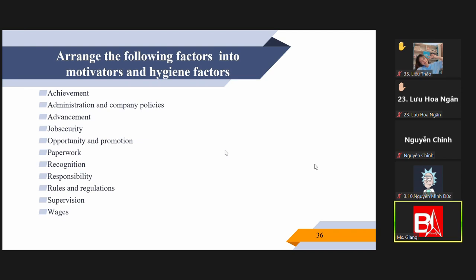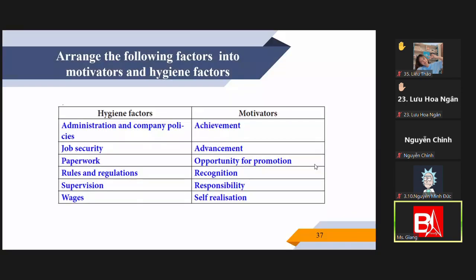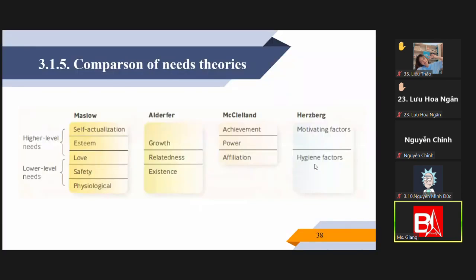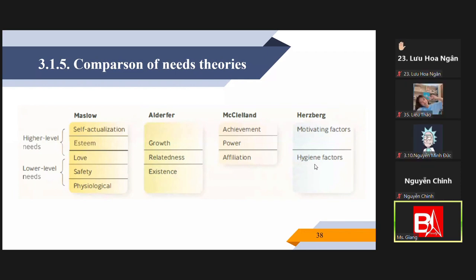Okay, in conclusion, we have the 4 different theories of needs, right? Maslow, Andrew Firm, McClellan, and Herbert. Although they specify different kinds of needs, you will see the similarity among these 4 needs theories.